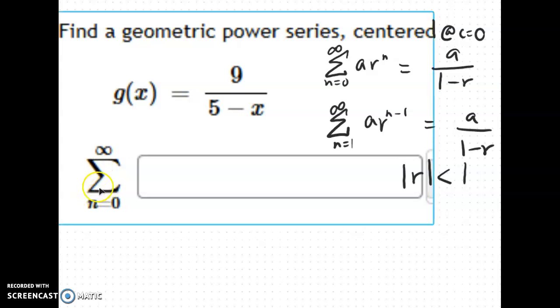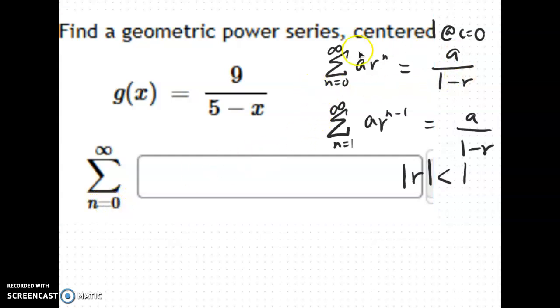In this problem, the power series is represented with n equals 0, so we're going to use this form up here. A power series contains a variable x raised to the nth power.